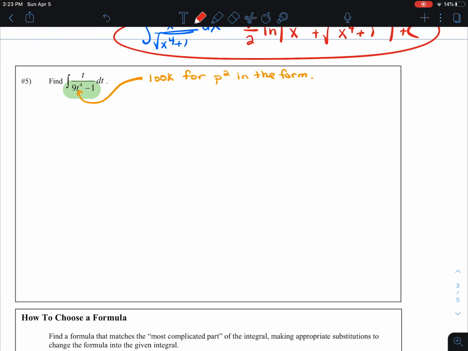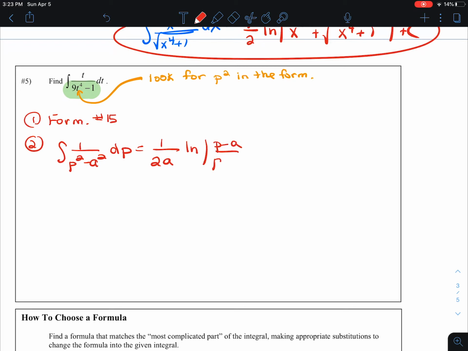So I'm going to try formula 15. I'm going to write how formula 15 looks generically here. Now I'm going to write down my substitutions, and here's where this can be a little bit tricky. I know that this is a t to the fourth. It does have a 9 in front of it. You'll notice, though, in the formula, there wasn't an a, b, c, or d in front of this.